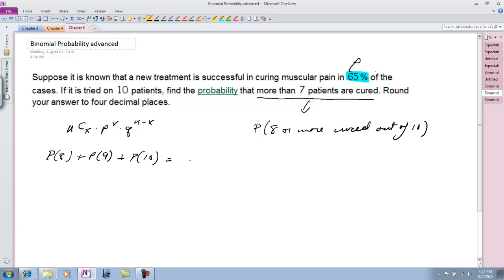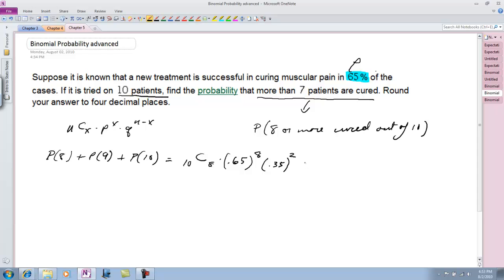So I'm going to start with 10, because we have 10 patients, so that amounts to 10 trials. We're going to do choose 8 times p, which is 0.65, so times 0.65 to the 8th. And if we're successful with 8, we're unsuccessful with 2, so it's going to be times 0.35 to the 2.